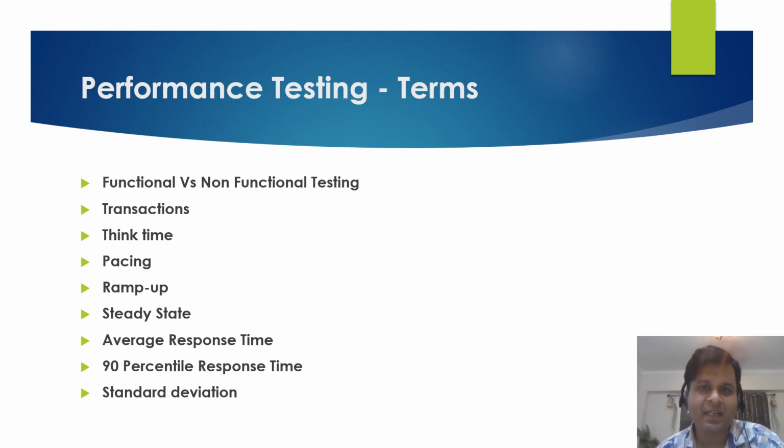Now what is pacing? Pacing is another delay, but that will get introduced at the end of the flow. For example, I explained the add to cart flow. So once you complete add to cart, and if you introduce some delay at the last step, which is add to cart, what will happen when you run this particular flow or script in a performance test?